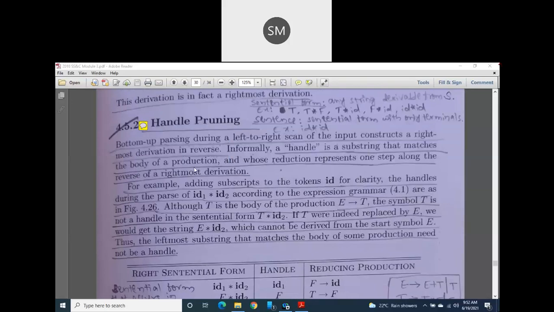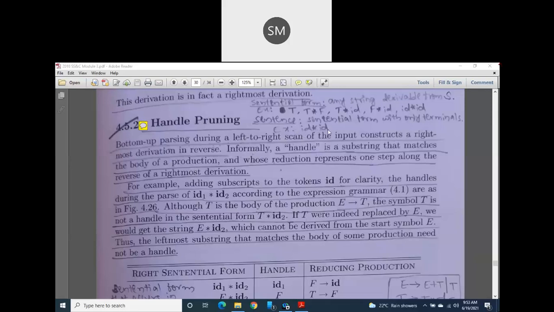For example, if you consider id star id as the input string, and if you consider id as a substring, and that substring is matching the body of a production in your grammar, that is the last production, correct? F is yielding id. So you can consider this id as a body, sorry, id as a handle. Okay.